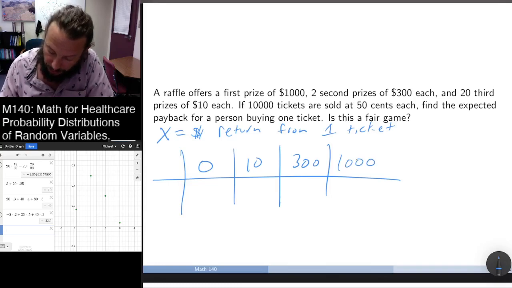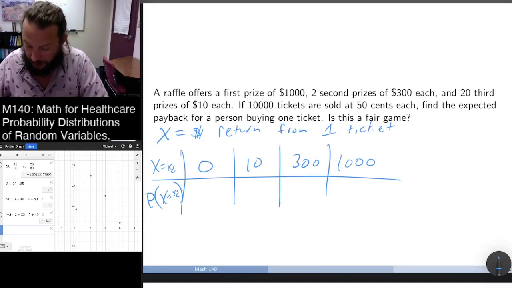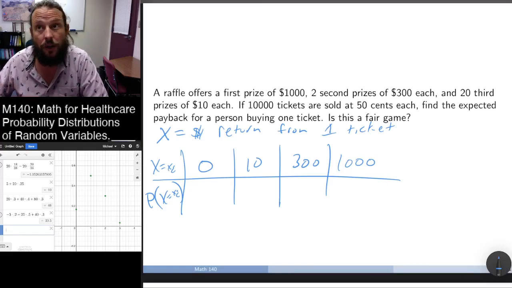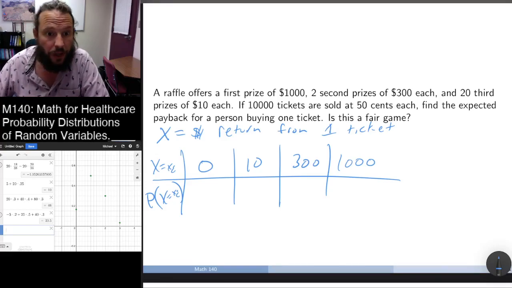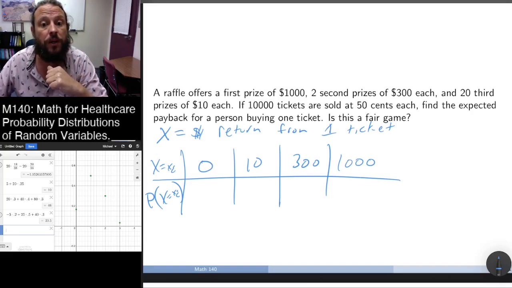Now we need those probabilities. The probability that you don't win anything: we assume the tickets are equally likely. How many tickets are going to have 0? There are 20 third prizes, 2 second prizes, and 1 first prize.